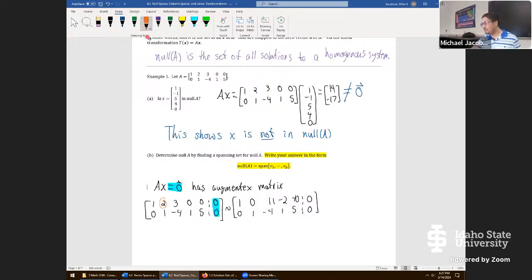The other thing you might want to add here is the values for X: X1, X2, X3. Let me double check here. Do I have enough stuff here? Should have gone up to X5. Oh, thank you. That's the problem.